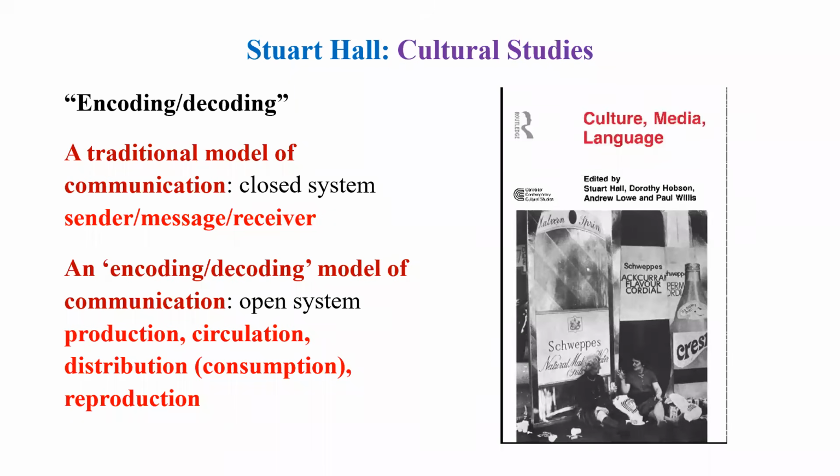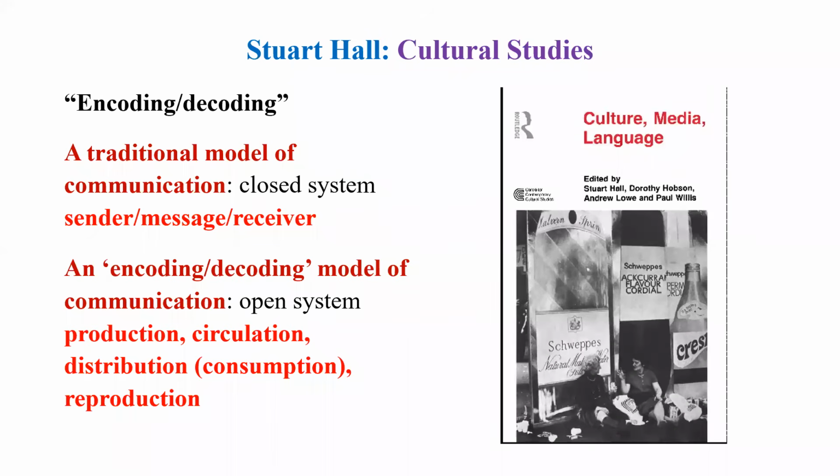One of his famous essays, Encoding and Decoding, talks about the communication model. The traditional communication model, he says, is a closed system: sender, message, receiver. After that, the system is closed. Stuart Hall came up with an open system. Think of today's media, based on our feedback and viewership, they change the content.